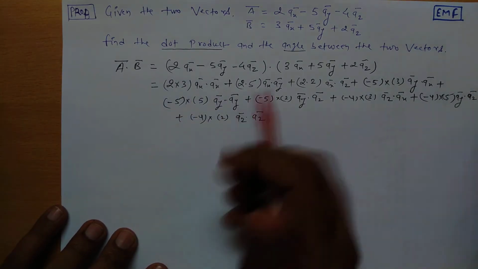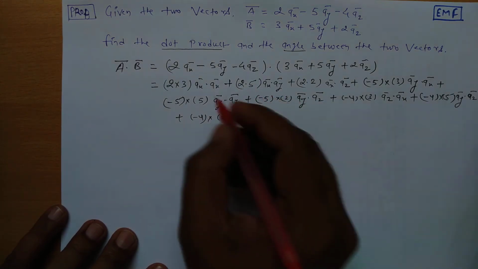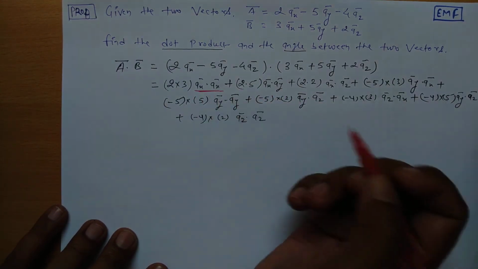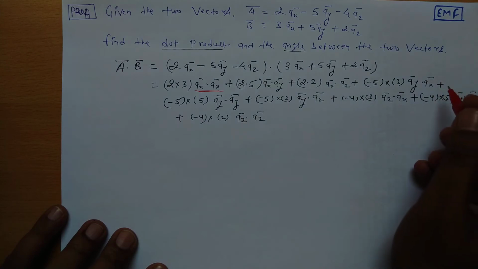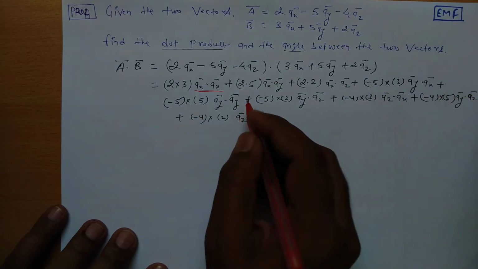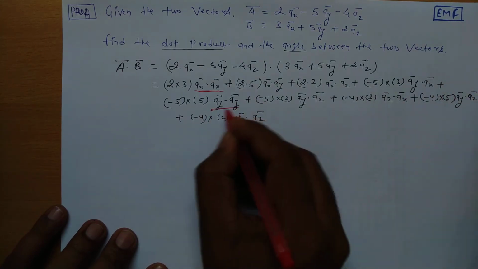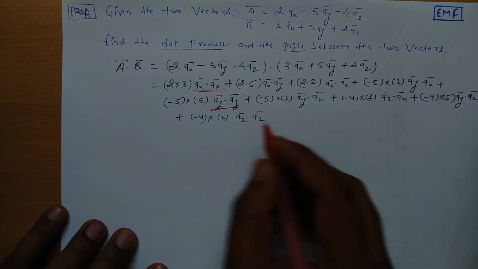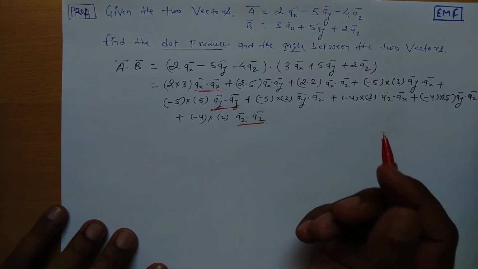Now see here, if we take this ax dot ax, this ay dot ay, and lastly this az dot az.